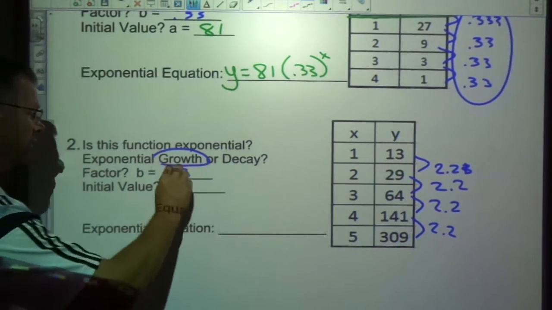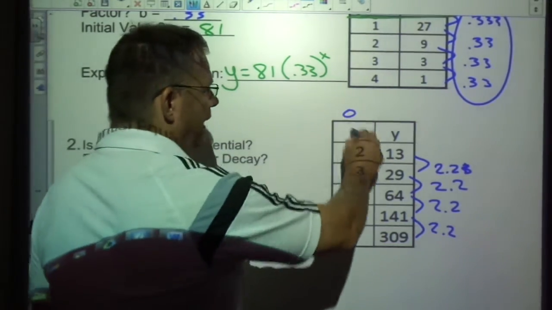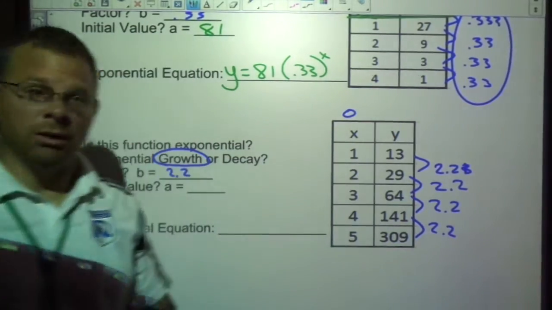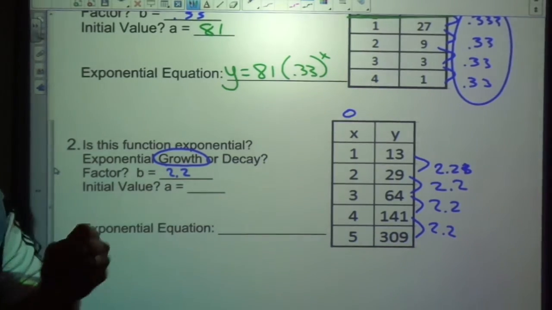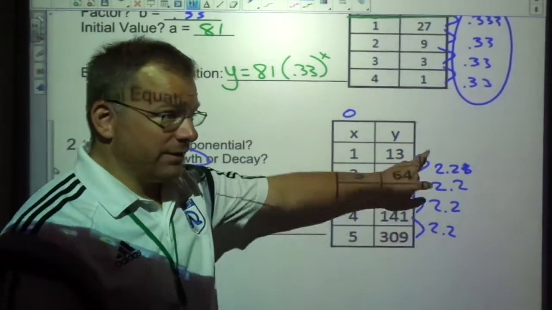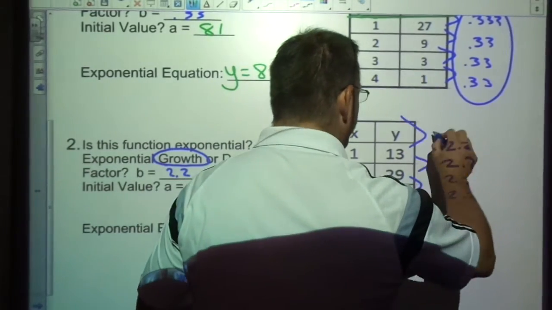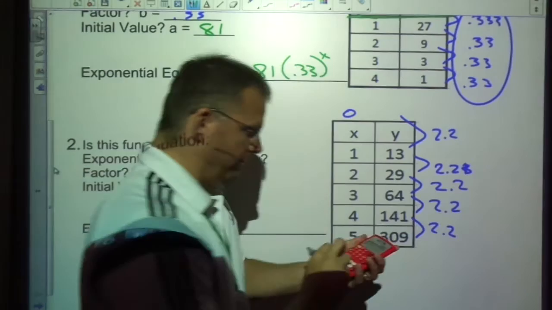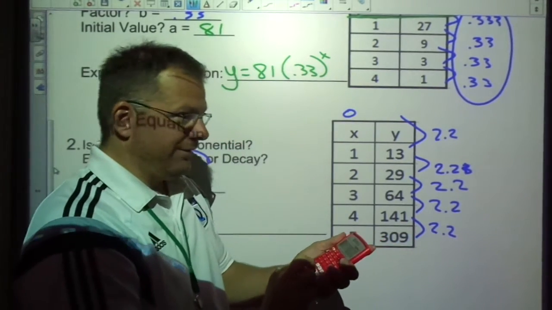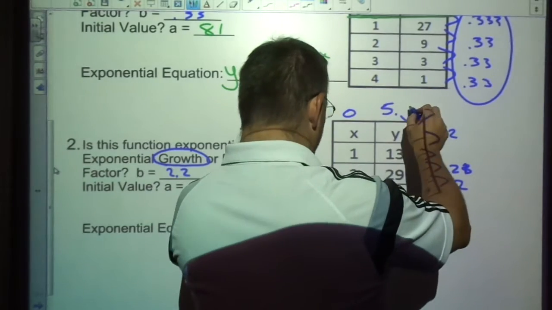This is growth. The a value here, they don't tell us. There's no 0. I would like to see, well, what about when it's 0? So the way to figure it out is you take the 13 and divide it by whatever this is. Let's go one step back. What if I took 13 and I divided it by 2.2? Is that what you were guessing? So that gives us 5.9.